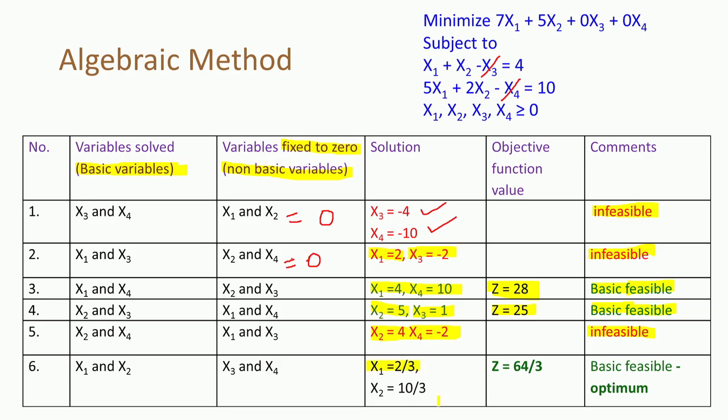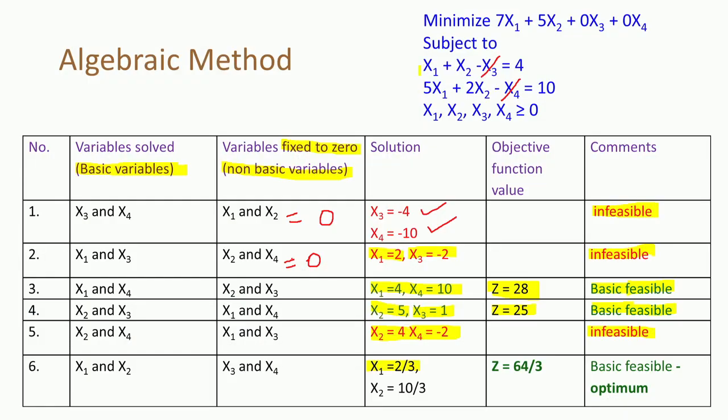Now, when I substitute x1 is equal to 2 by 3 in x1 plus x2 equal to 4, I will get x2 is equal to 10 by 3. So, that x1 plus x2 is 12 by 3, which is 4. Now, this satisfies the non-negativity restriction and therefore, it is feasible. It is also a basic because I am solving for two variables since I have two equations.